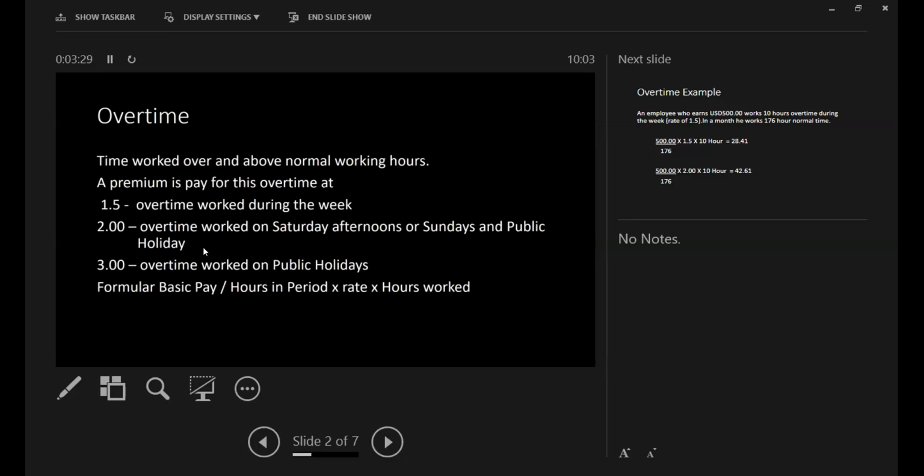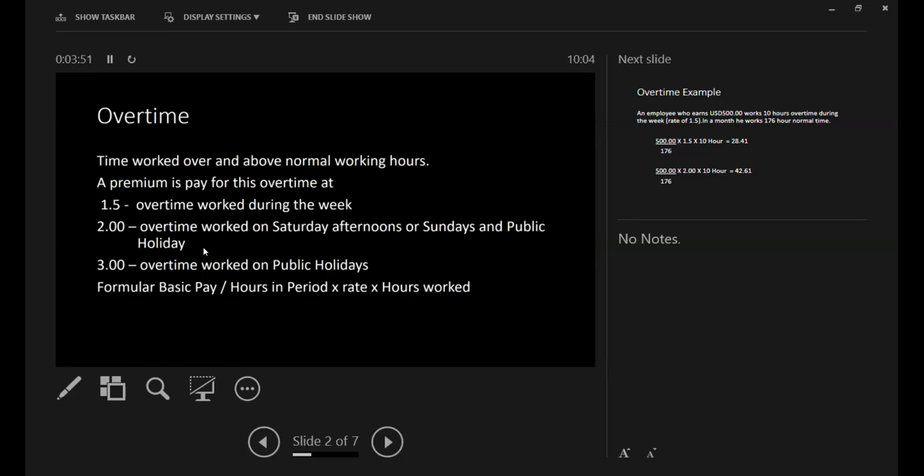As a payroll administrator, it is always good to have your CBA, because some of the formulas are also given there. It's not all industries that pay out at ×3. Some pay out at 3, some also pay out at 1.5, and some industries don't even have overtime. So just check with your own industry and ensure that you're using the correct formulas.